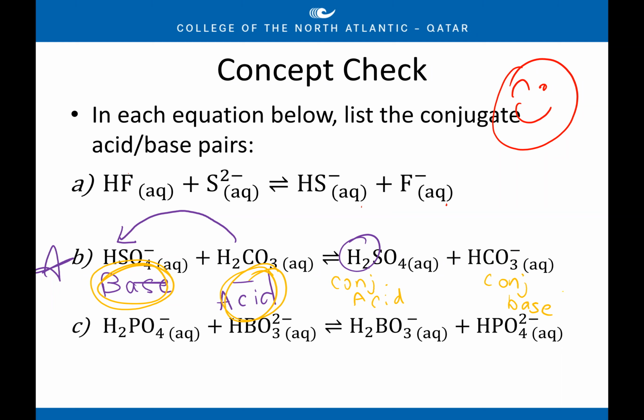It's an opposite system. So the acid and the base on the reactant side become opposite on the product side. And we use the word conjugate to explain the difference between them.